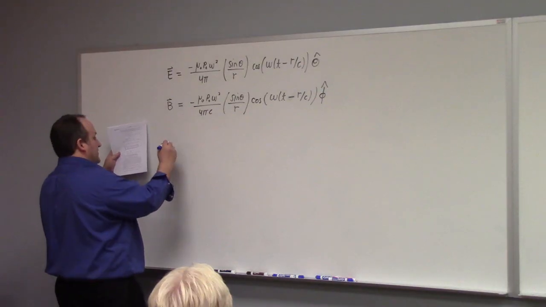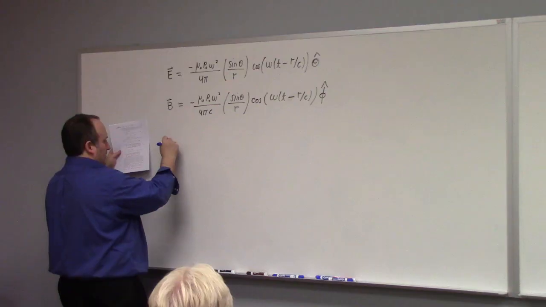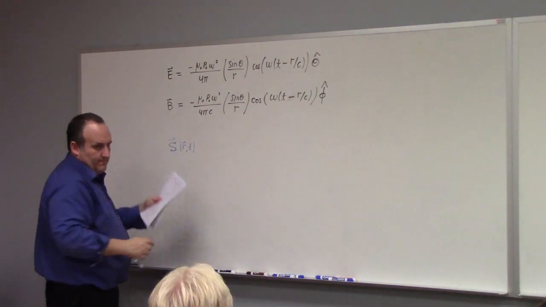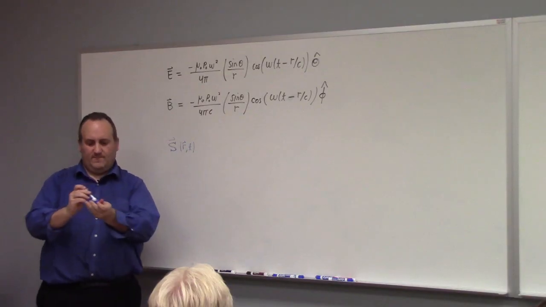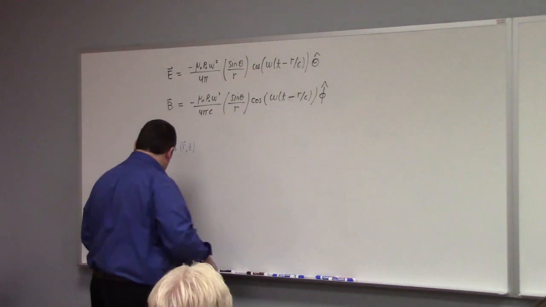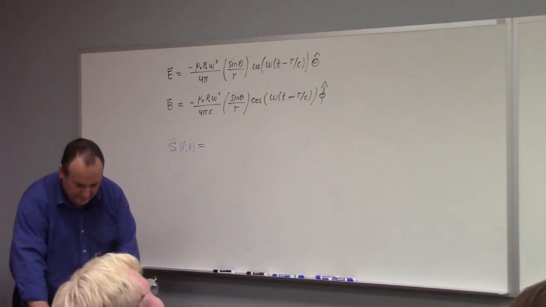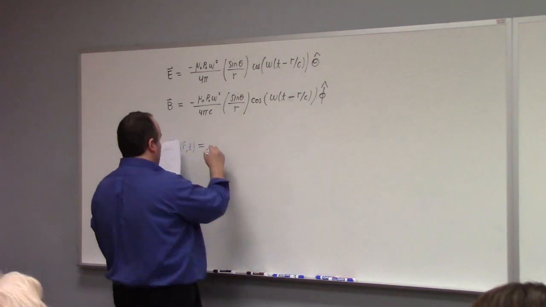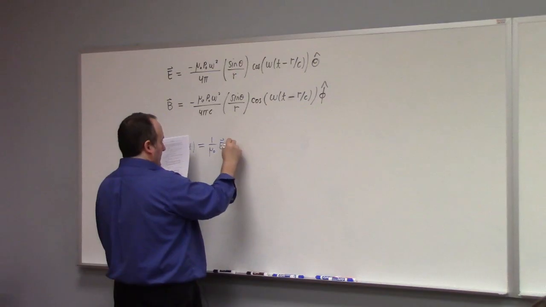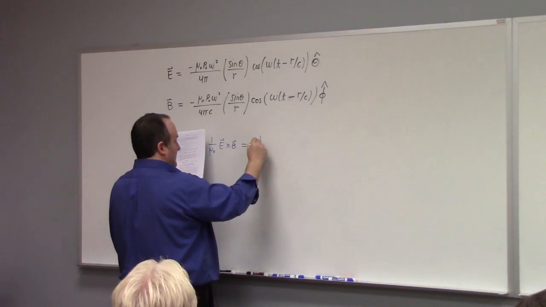And so if you calculate the Poynting vector, S, at r, t, equal to 1 over mu naught E cross B. After some calculation, which we probably could do, this wouldn't be too bad, I'm just being lazy.